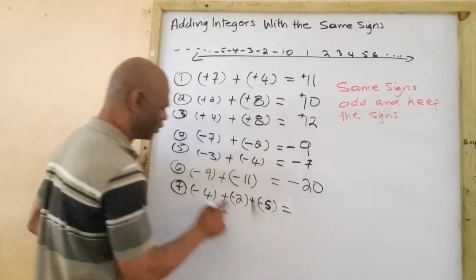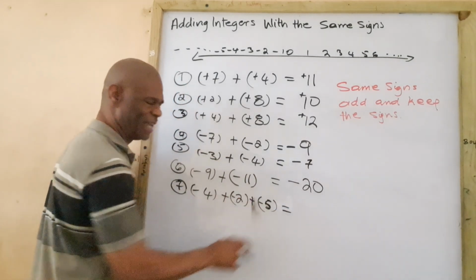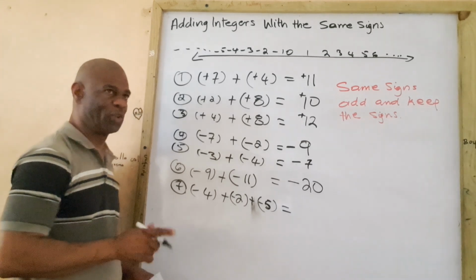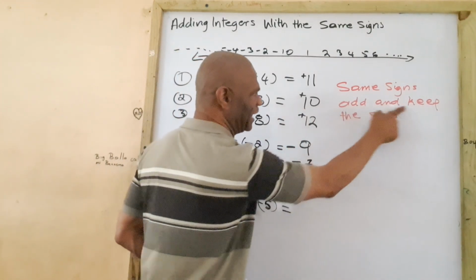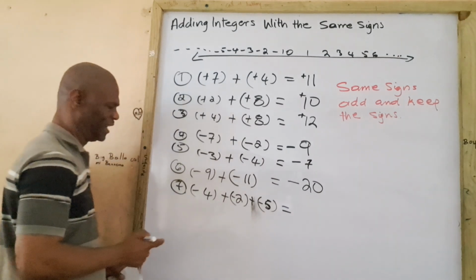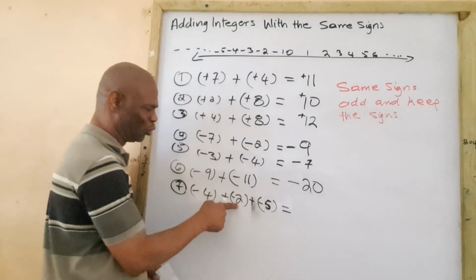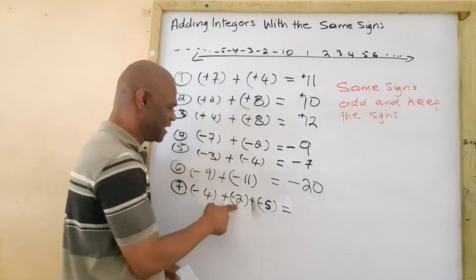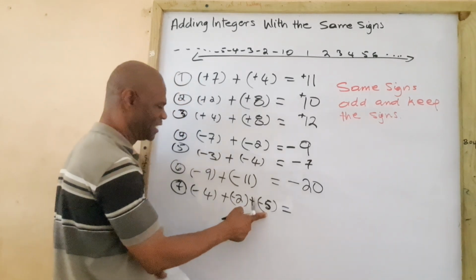Right? So notice that the signs are the same, so it means that we're going to add them and keep the signs that they have. Right? So negative 4 plus negative 2 would be negative 6. Negative 6 plus negative 5 would be negative 11.